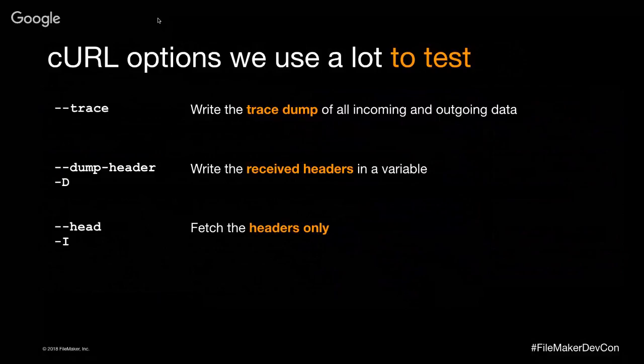The trace gives us everything that was involved in that request, including the data, and can be set to a variable so that we can look at what happened if there was an issue, or if the request was refused.